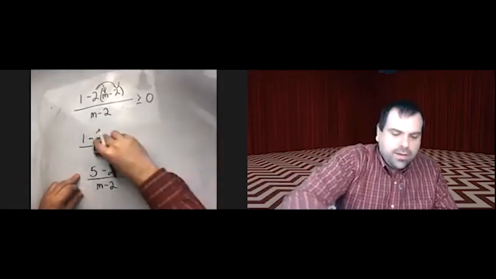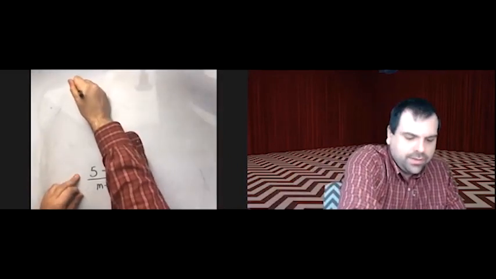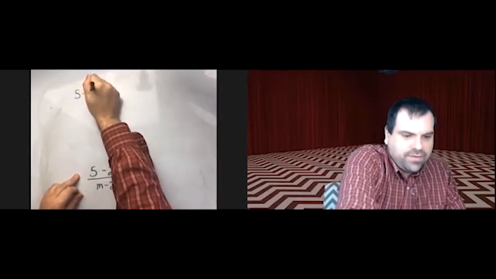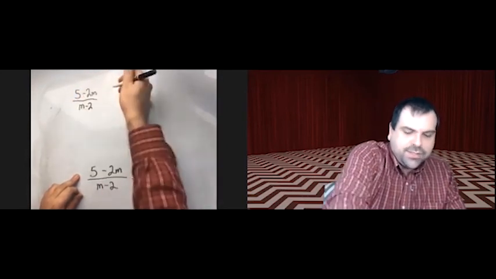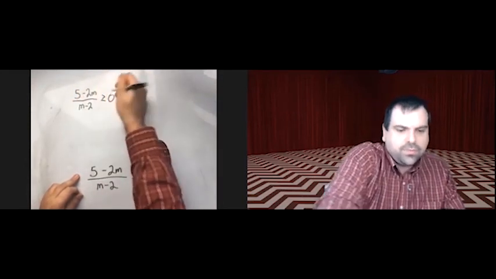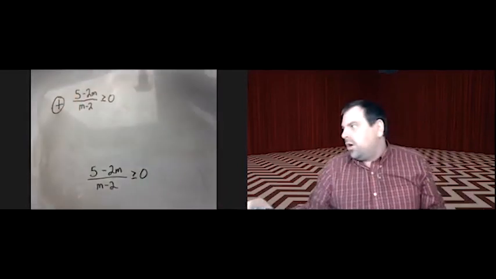But then everything past this is very familiar. 5 minus 2m over m minus 2 greater than or equal to 0 means we need this to be overall positive.